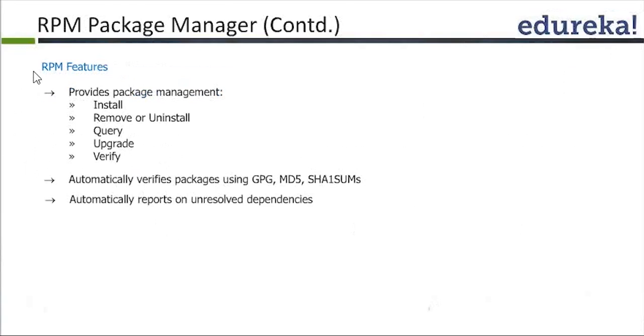Try to understand this. When installing a particular package with RPM, if there are any dependencies involved, RPM will display a message that you should also install these dependencies before installing this particular package. It will not install the dependencies for you.